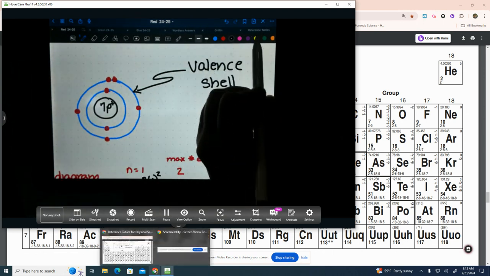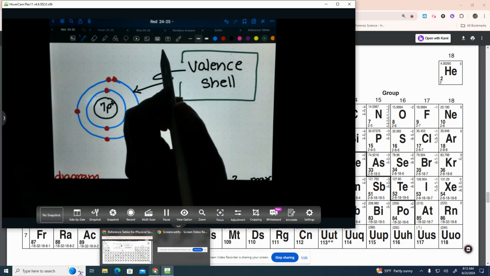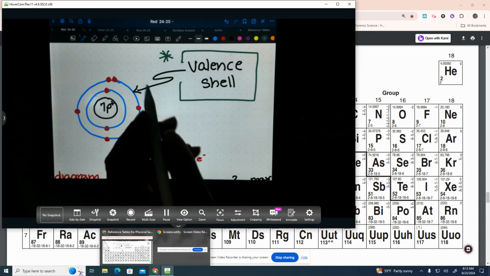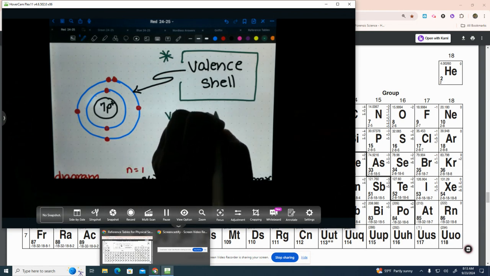This is probably the most important thing I'm going to say today. It is a valence shell. Valence means outside. And the electrons that are in the valence shell are called the valence electrons. Makes sense.